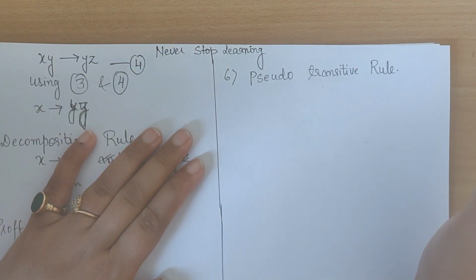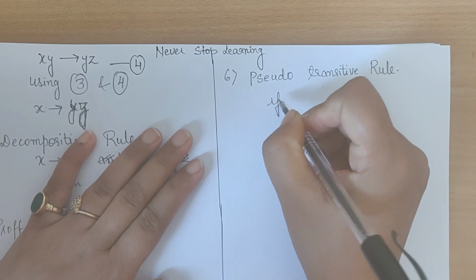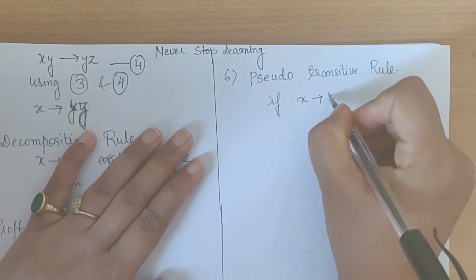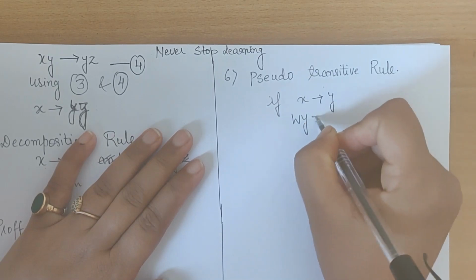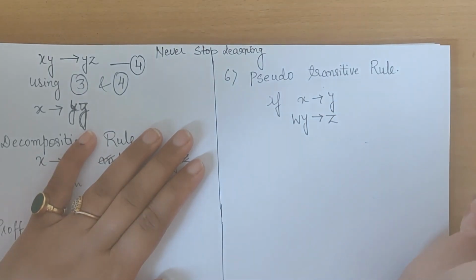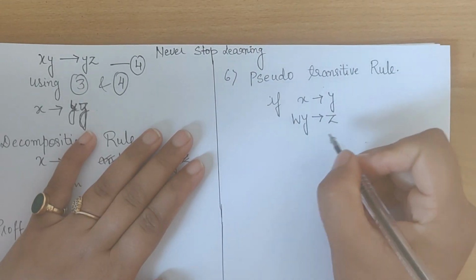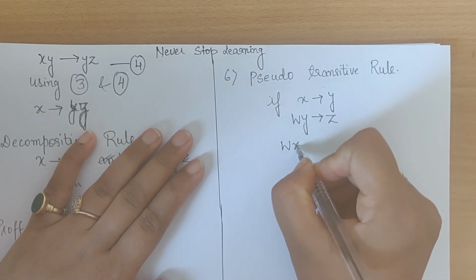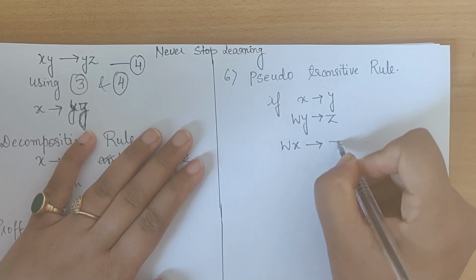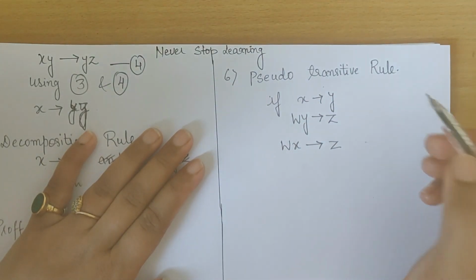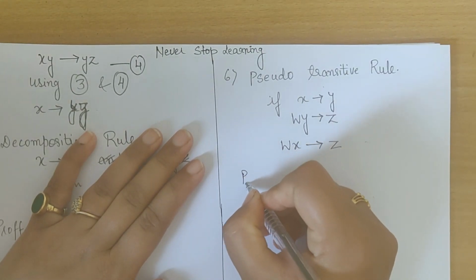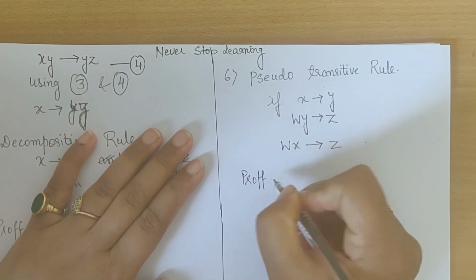This rule says if X determines Y and WY determines Z, then we can say that WX will determine Z. So how can we prove this? How can we check whether what it is saying is true or false?